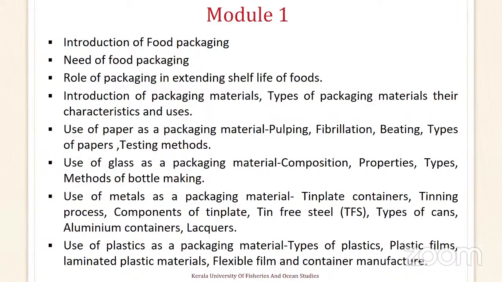We also discussed about different types of packaging materials, and we started with paper as a packaging material. And we also saw how the paper, the packages or different types of boards are developed using paper, and what kind of processes it undergoes, like pulping, fibrillation, beating, and what are the different equipments or techniques that are being used to develop the packaging materials from paper, or the base material was cellulose, and how to convert cellulose into a paper.